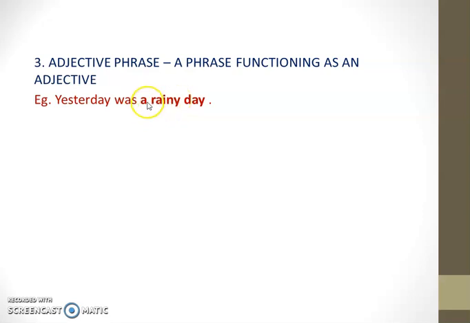Here you can see that in this phrase there is an adjective, that is rainy. But it functions as a single unit in this sentence in order to describe the subject yesterday. Yesterday was a rainy day. So a rainy day functions as an adjective, and therefore it is an adjective phrase.